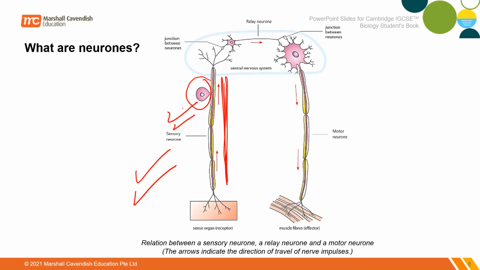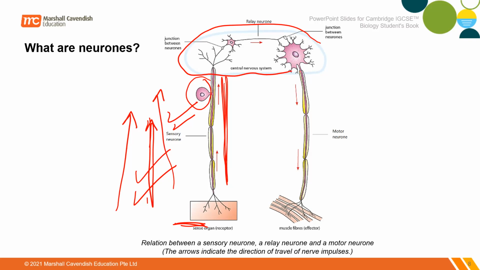So if you find a drawing that starts from a side and a neuron or nerve cell has the lateral cell body like this, you realize the message will come in this direction, from the receptor here through the sensory neuron and then to the brain. And don't ignore this pale baby blue color. It represents the central nervous system, either the brain or the spinal cord.